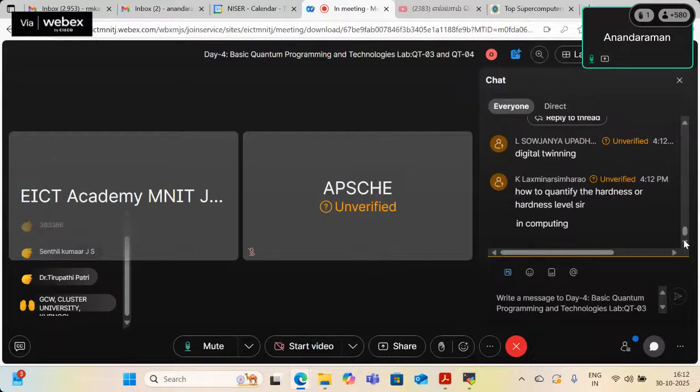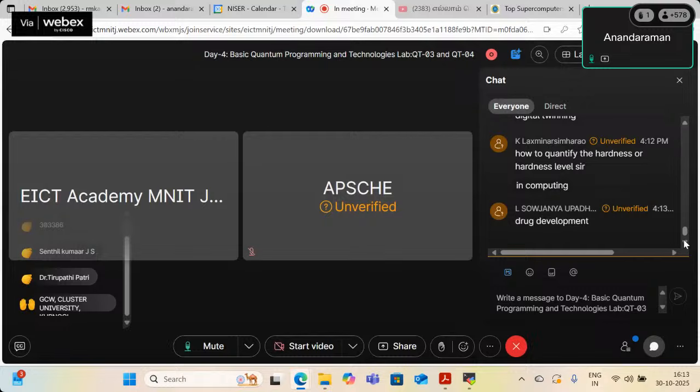Exponential problems. Basically, problems can be categorized into two things: polynomial time and exponential time. Polynomial time computation, like drug discovery, can be done using a classical computer. But if it is exponential, for example, if I am doing a lowest energy calculation for a molecule with two atoms, hydrogen let's say, that is possible.